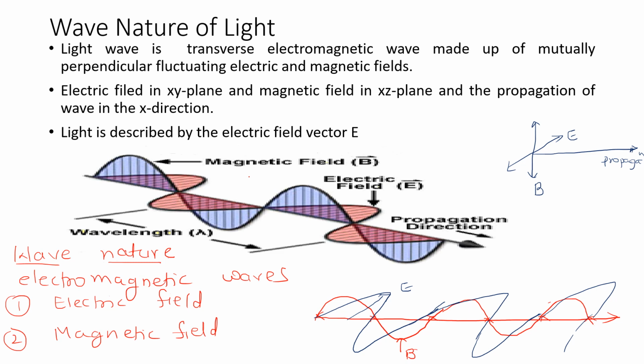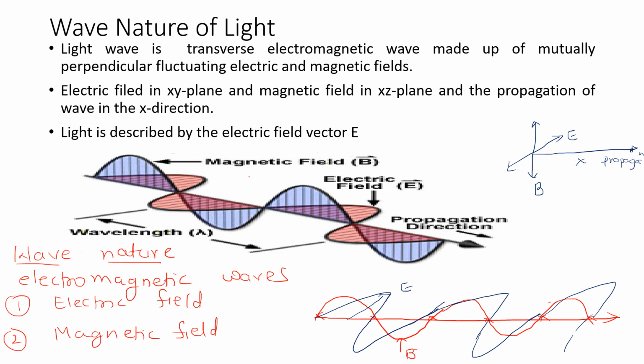So when we say light vector, it is related to this electric field vector. Light vector in electromagnetic waves means we are talking about this electric field vector, right? So this is the light vector, which is the electric field vector. This figure shows that the electric field is in the XY plane. The magnetic field is in the XZ plane.